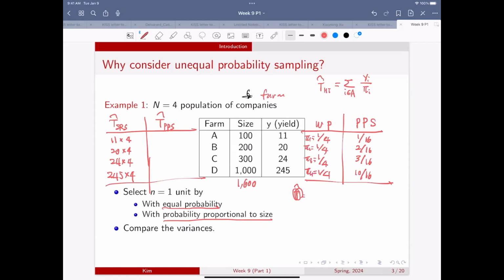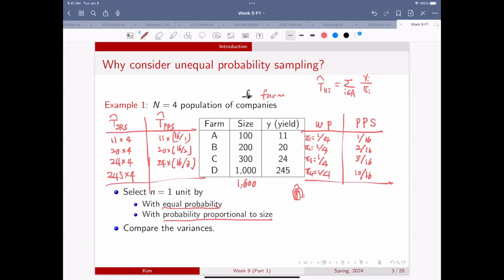So basically this is an estimator, the Horvitz-Thompson estimator. The same way, the Horvitz-Thompson estimator is 11 times 16 over 1, 20 times 16 over 2, right? And 24 times 16 over 3.